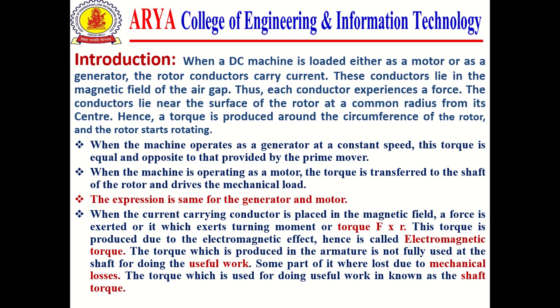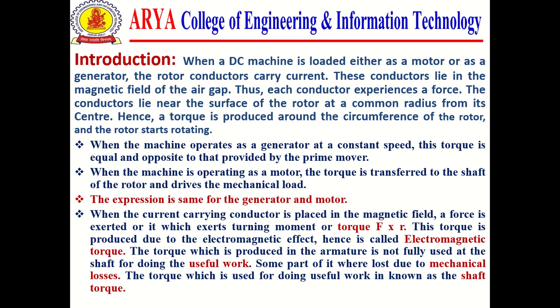The conductors lie near the surface of the rotor at a common radius from its center. Hence, a torque is produced around the circumference of the rotor. This is the easy way to understand how torque is developed in DC machines, and the rotor will start rotating.